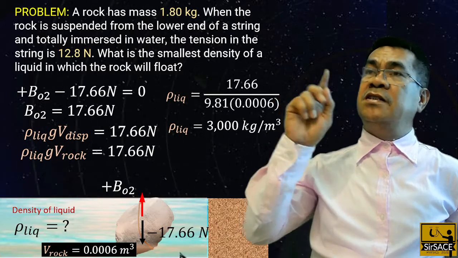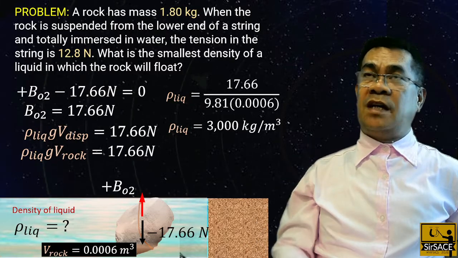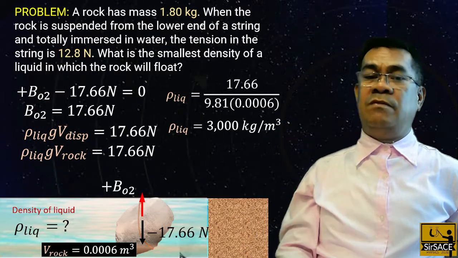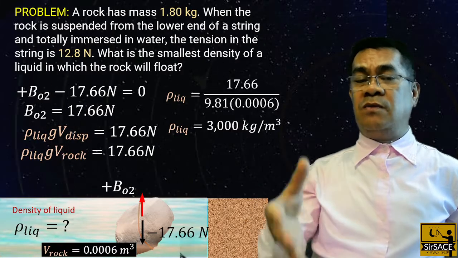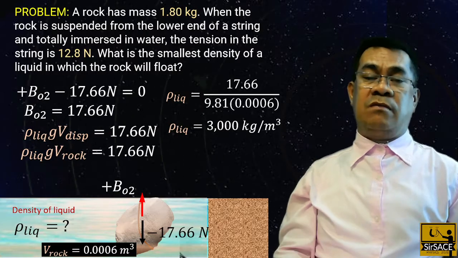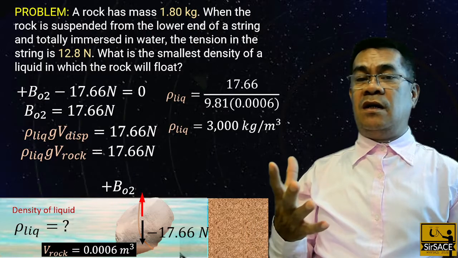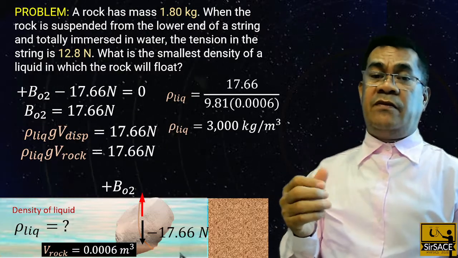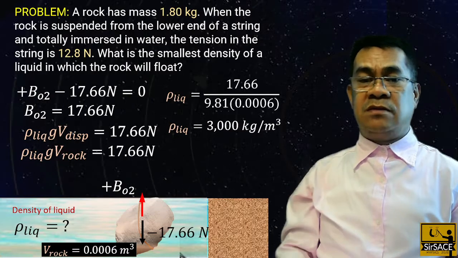Remember that the density of aluminum is 2.7 times 10 raised to 3, or 2,700. The theory says the density of the liquid should be 3,000 kilograms per cubic meter in order for the rock to float. So for common liquids that we encounter, it is impossible that the rock will float.